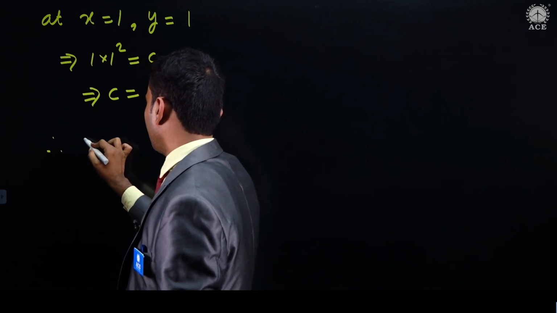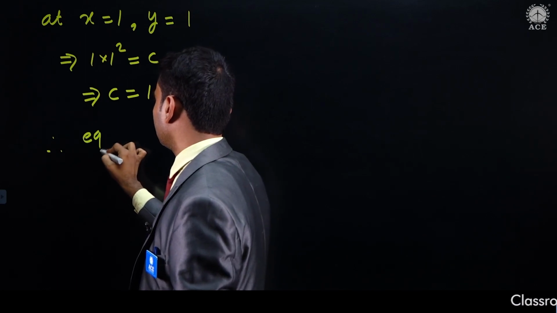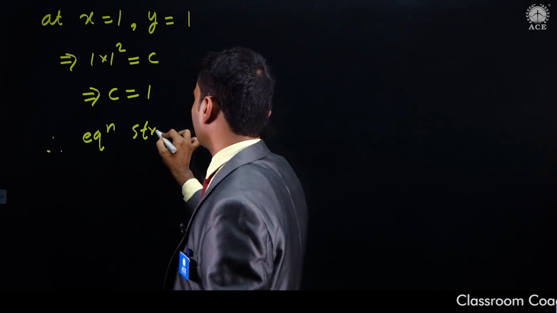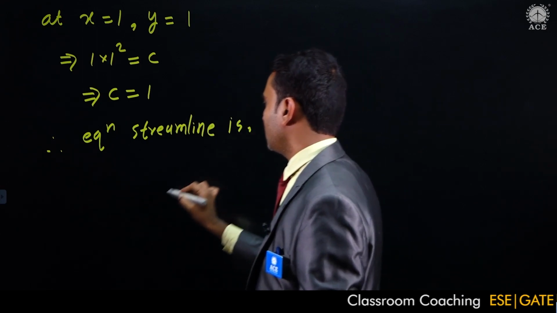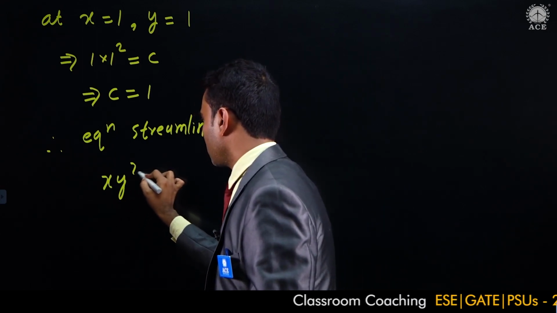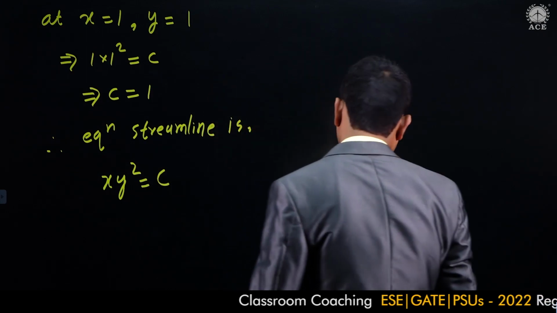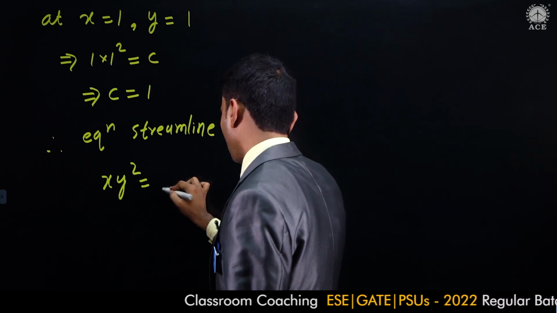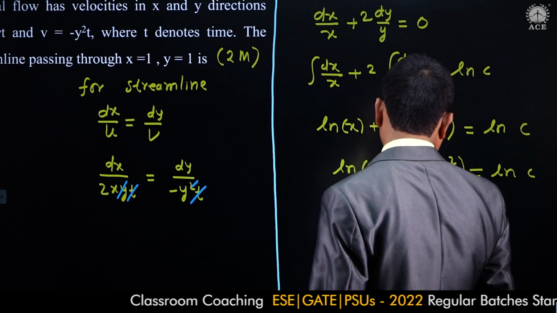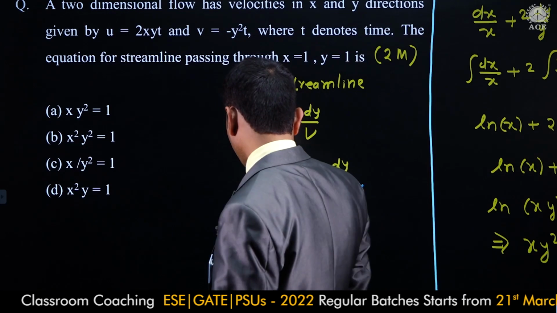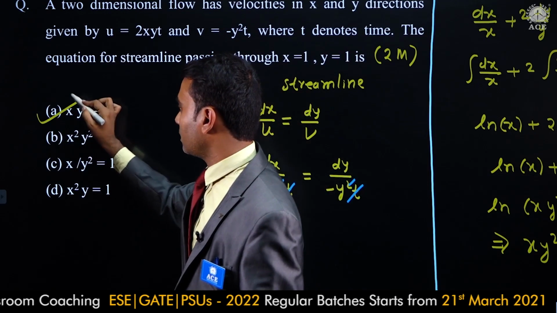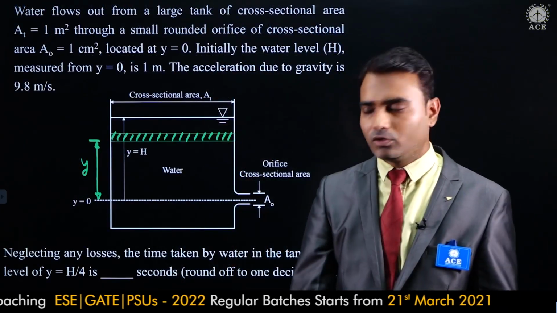Therefore, the equation of the streamline is xy² equal to constant. Oh, sorry, xy² equal to 1. Look at the options. xy² equal to 1: this is answer A.